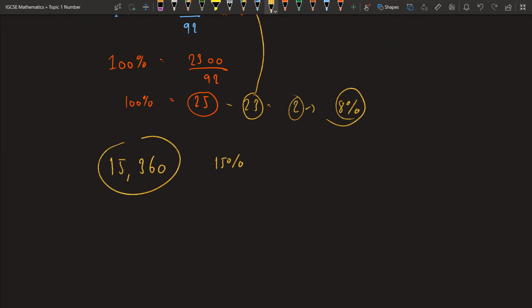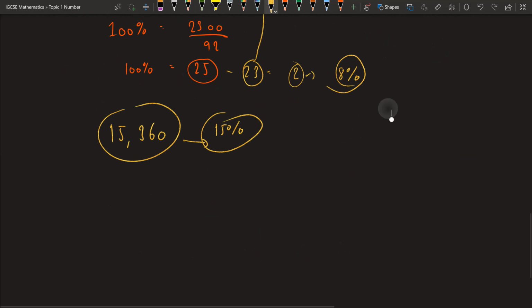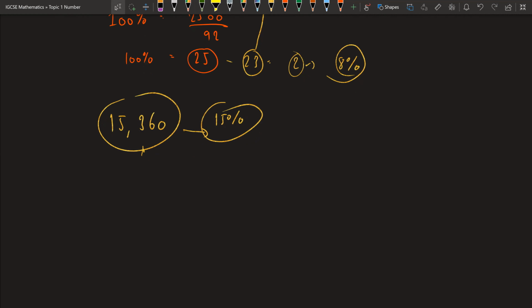So this is already with the gain of profit of 15%. So we have to find the original price. Many people will get this wrong. They will say that, hey, if 15% is equal to that, then we only have to find the 85%, right? But that is wrong, because when we find 85%, we're finding relative to that. We don't want relative to that, we want relative to the original one.